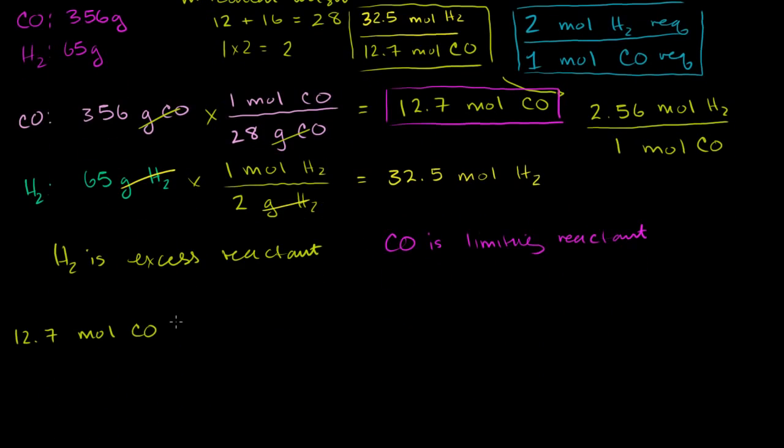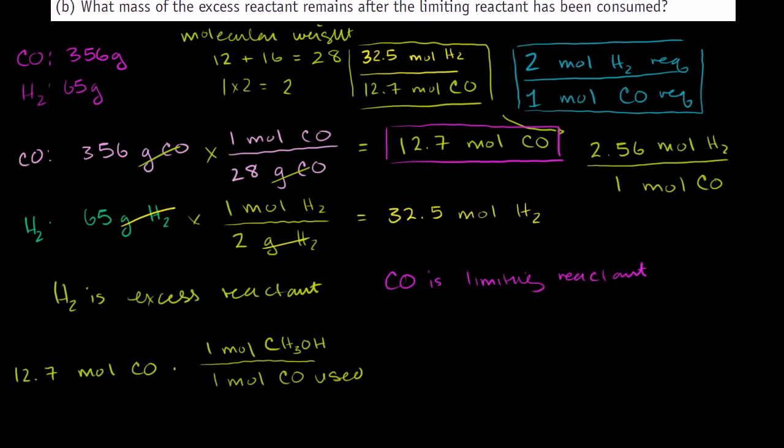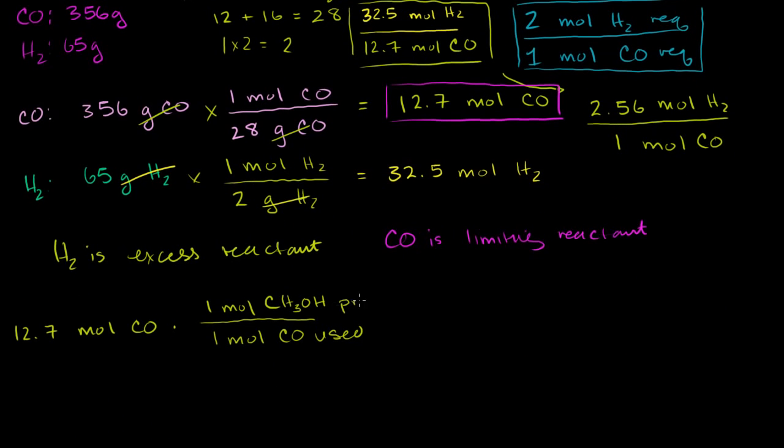So let's write that down, times, with the carbon monoxide in the denominator: for every 1 mole of carbon monoxide used, we have 1 mole of methanol, which is CH3OH, produced. We get that straight from the balanced equation.